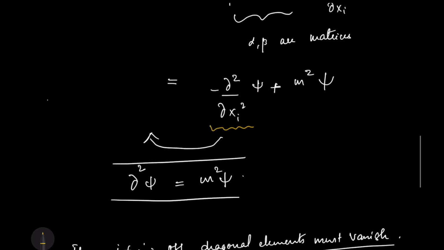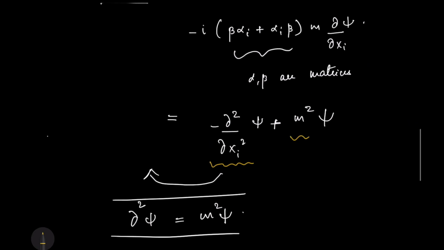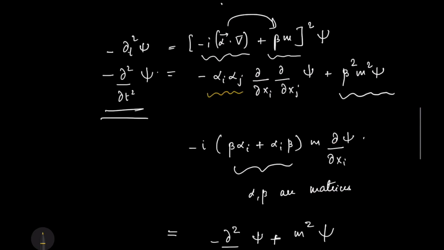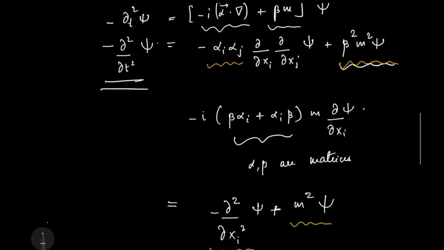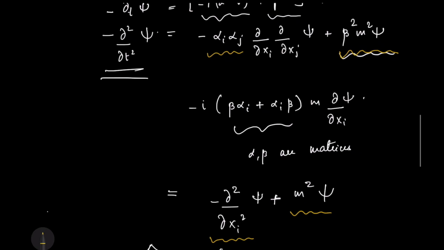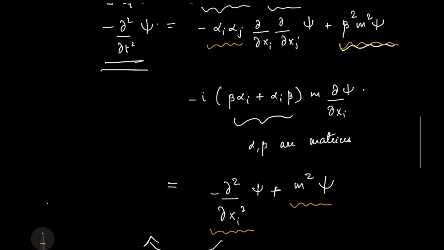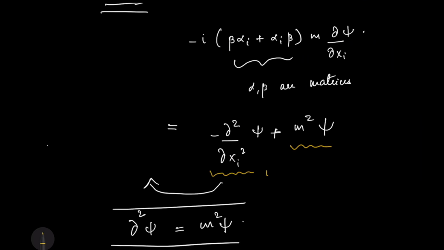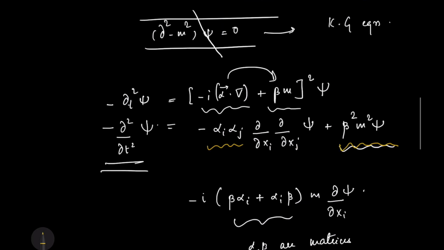Okay, and next if I compare the second term, this term and this term, then beta square is equal to 1, or identity. Beta square is equal to identity. And also here you can see, if i is equal to j, then the coefficient is simply 1, which means alpha i alpha j, if i is equal to j, it is alpha i square.